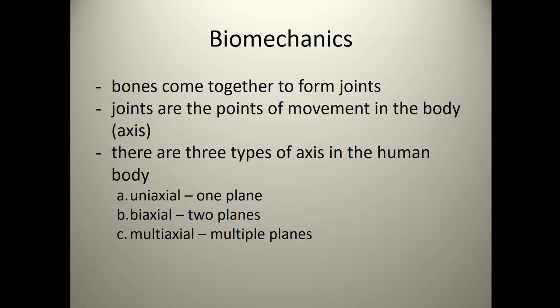Uniaxial, the joint is only moving in one plane. Biaxial, a joint moves in two planes. And multiaxial, a joint moves in multiple planes. Remember your planes: coronal, sagittal, and transverse. So a joint either moves in just one of those, in two of them, or in three of them.